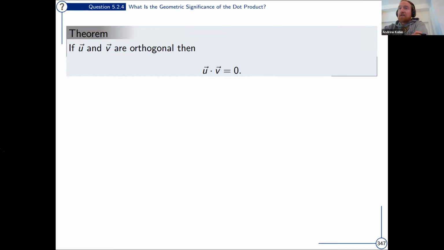So this is a complete characterization of orthogonal or perpendicular vectors. The vectors are perpendicular exactly when their dot product is 0. And in some sense, the dot product is originally construed to be a detecting tool for when two vectors are orthogonal, when they form a 90-degree angle between them.